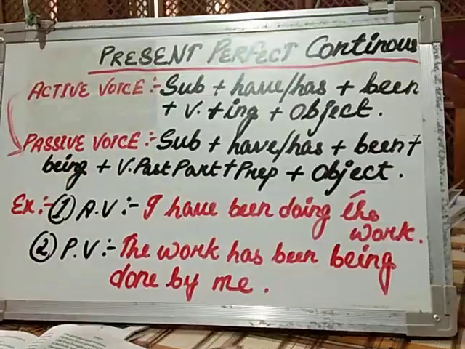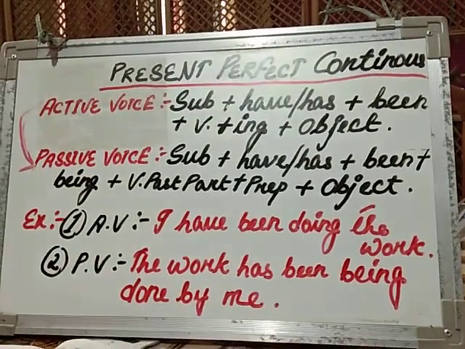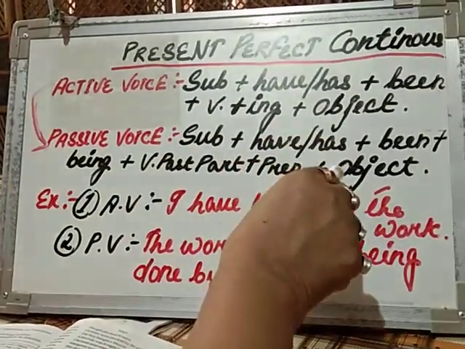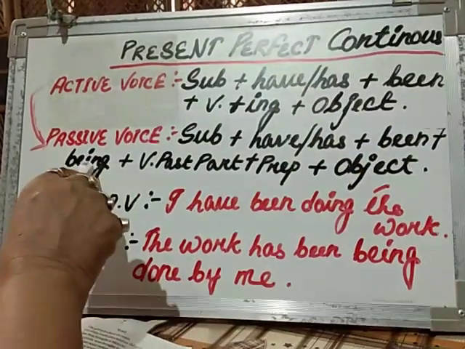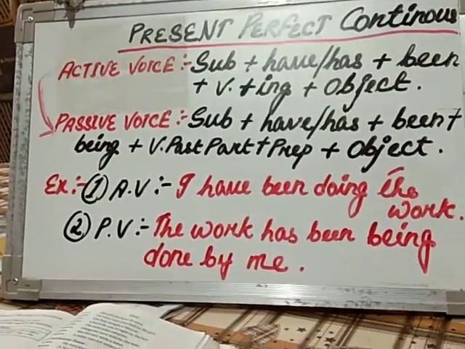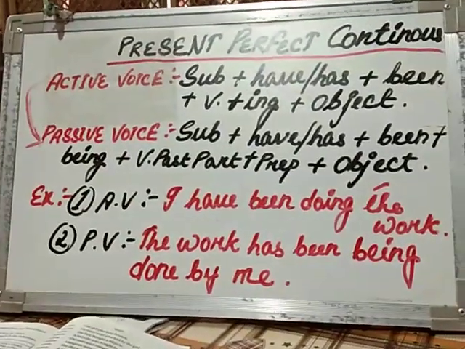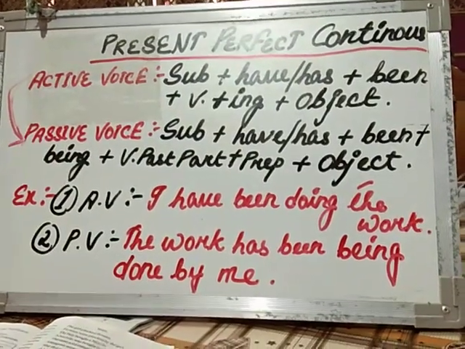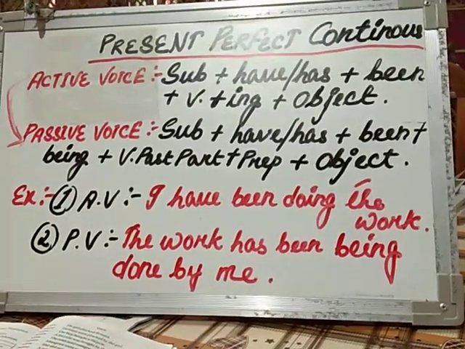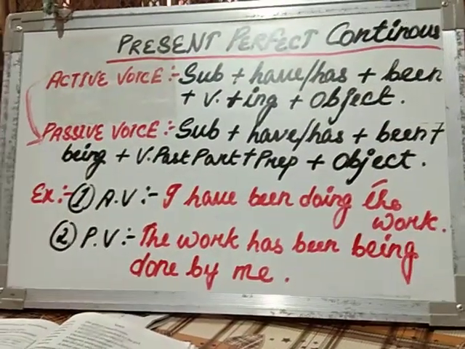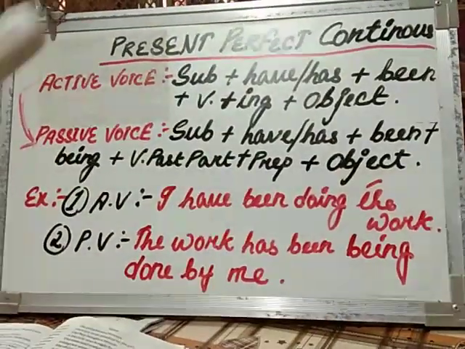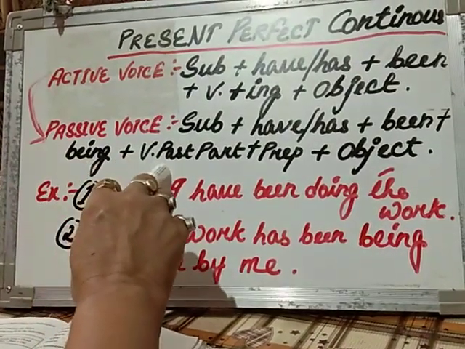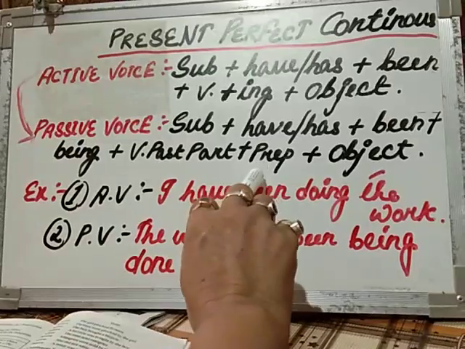Then when we change it to the passive voice: subject plus have or has plus been plus being. You have to remember, when you see a sentence in the present perfect continuous form with ing, when you change it to the passive voice, instead of ing you have to write being plus the third form of the verb, that is the past participle form of the verb, then preposition, then object.